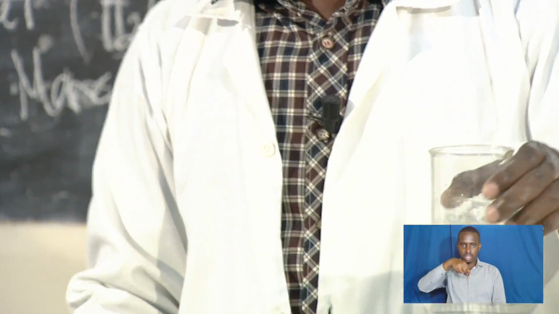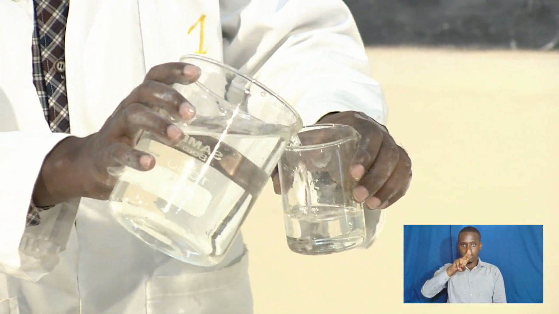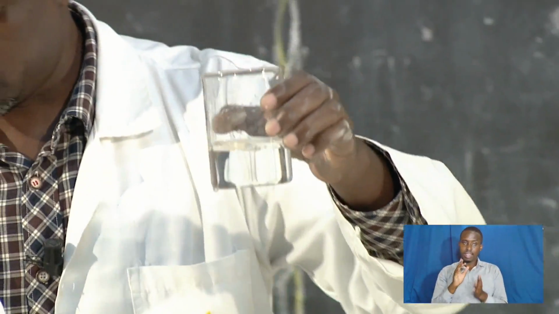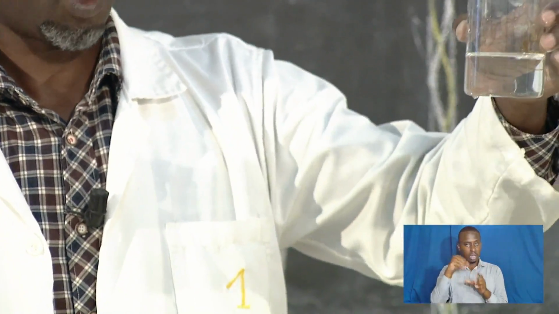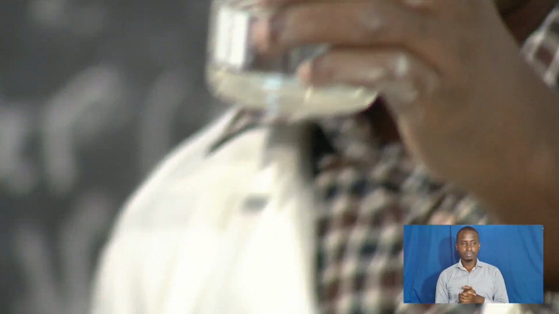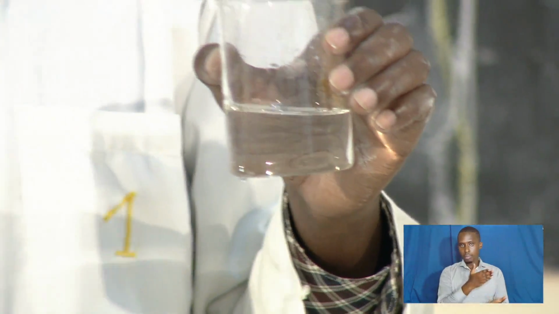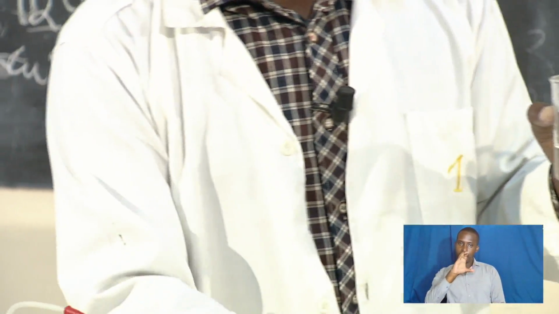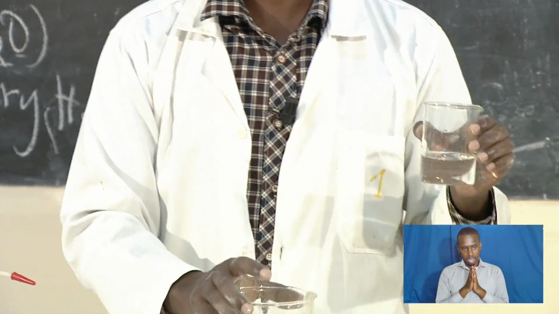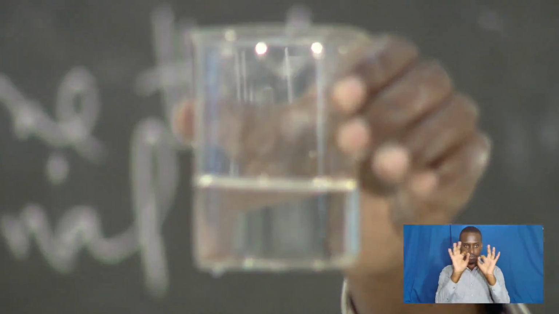So when I mix this liquid and put water, these are two liquids. This is hydrochloric acid, this is water. This is a mixture of two liquids. The hydrochloric acid is also in liquid form. This one is also a liquid, which is water. So when you look at this, it forms a homogeneous mixture.